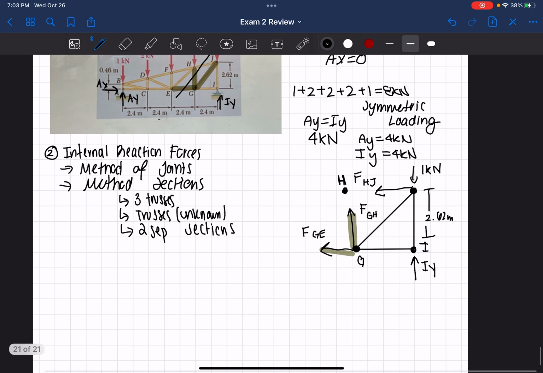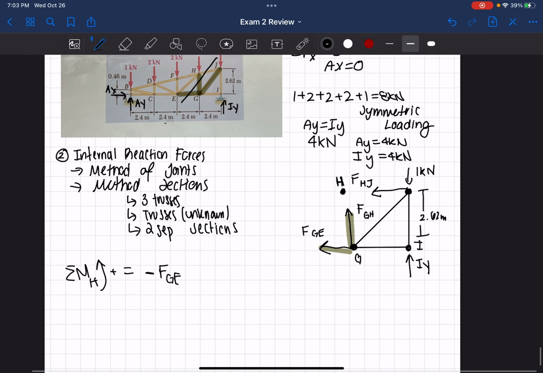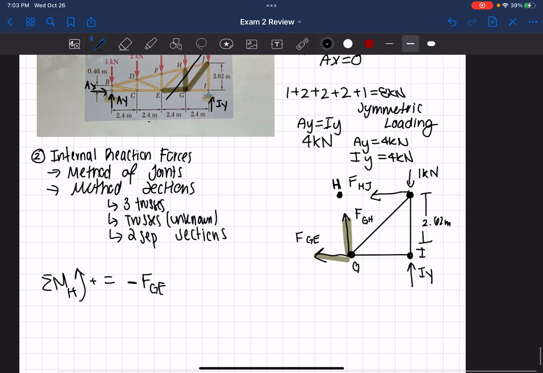And you'll see. I'm going to take the moment about point H in the positive direction, is equal to. The force of GH is not going to have a moment because it's in line with H, but F of GE is going to have a negative moment, and you want to make sure you're taking the distance that's perpendicular. In that case, we don't have that length, and since this is at an angle, we're going to have to solve for that. It's not a 90 degree angle, so what we're going to have to use is basically the slope of this line.